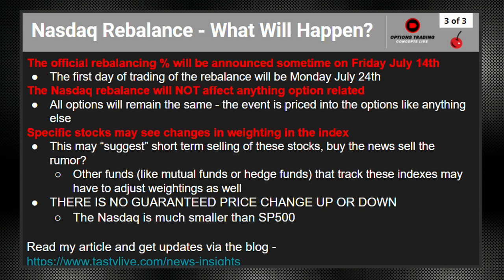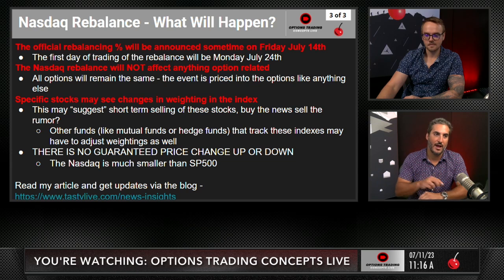The official rebalancing percentages, so when we will find out how everything will change, right? Because we know that around 8% has to come out of the top 5. It's not linear in terms of each one gets adjusted by the same amount. They can choose to move it how they see fit.